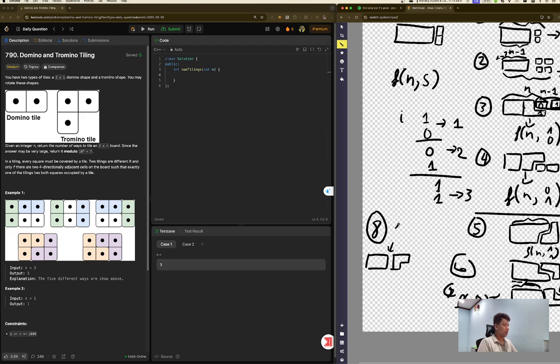This is F(n, 1, 0), and this comes from the previous state F(n-2). This is the fully filled state, from the fully filled state. Yes, this is the last case. So we have all the cases.